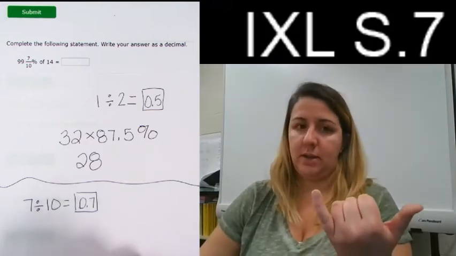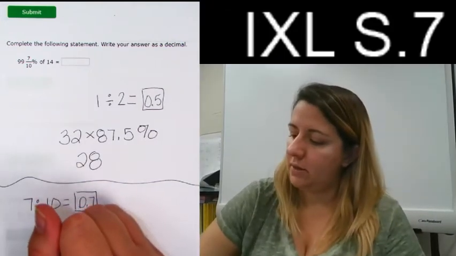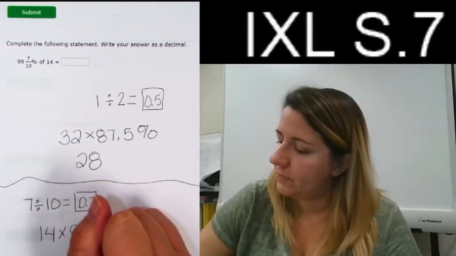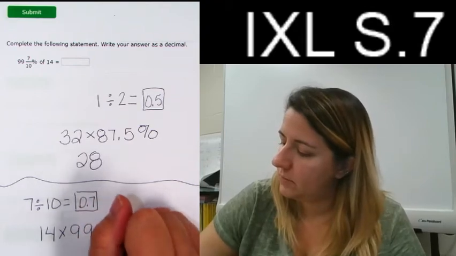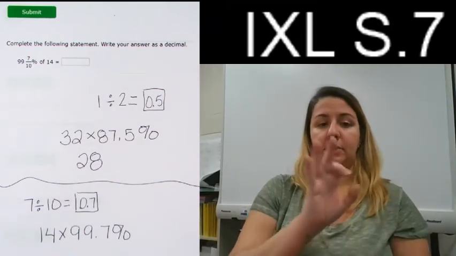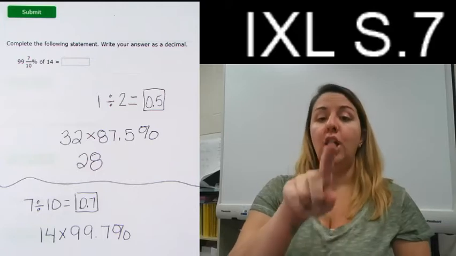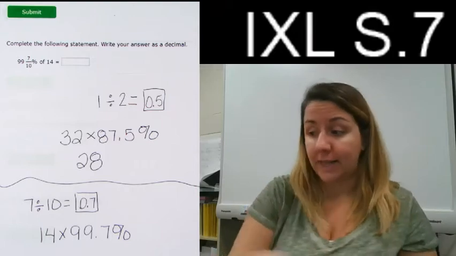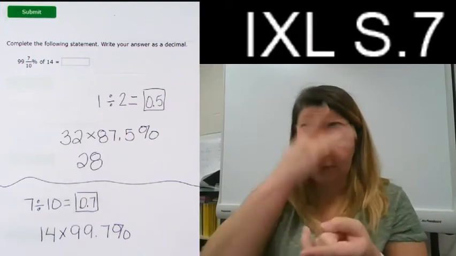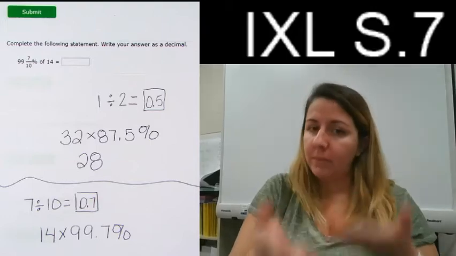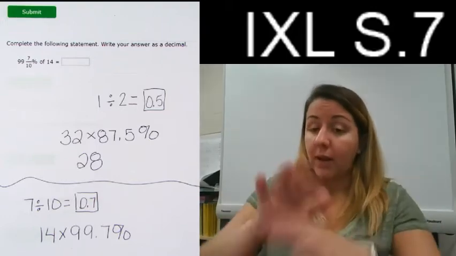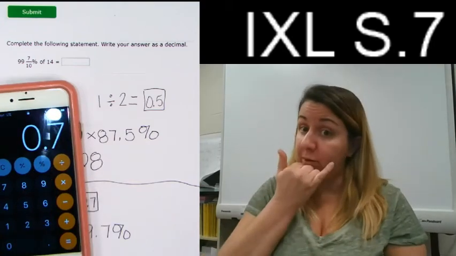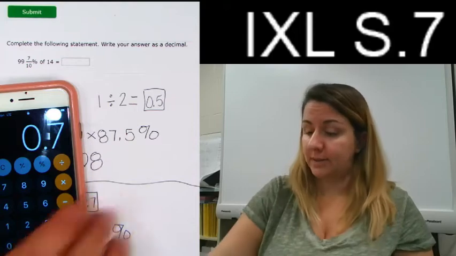So now it is 14 times 99.7%. You must write percent. Do not forget to write percent. If you forget to write percent, you will maybe forget to type percent on the calculator and your answer will be wrong. So write percent.